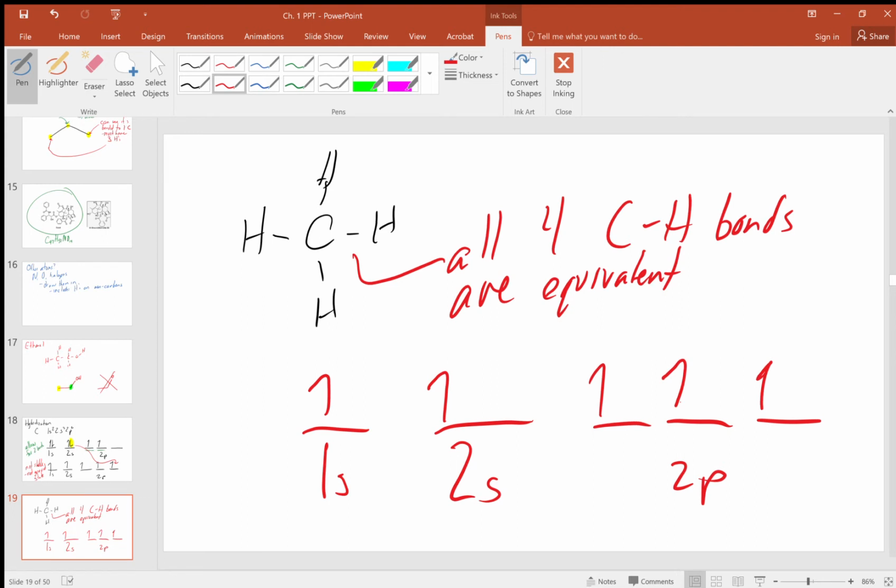And the reason for that is what it would mean is that one of the bonds was forming with an electron from a 2s orbital, and the other 3 were forming from electrons in 2p orbitals. And given that we know that there's a difference between s and p orbitals, that wouldn't allow us to account for what's going on here.